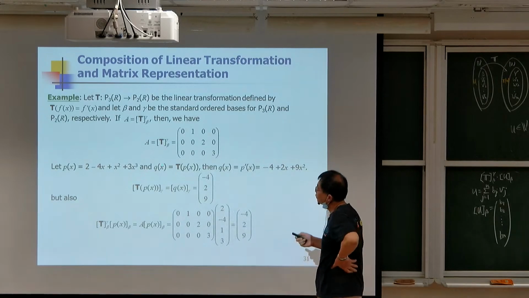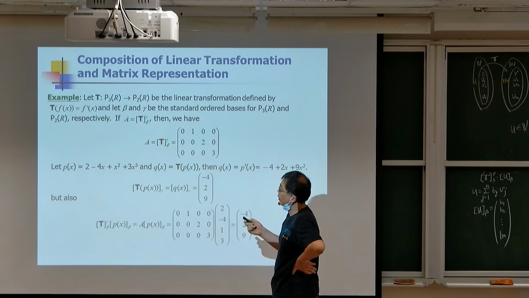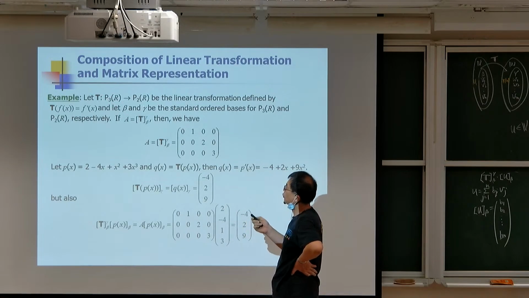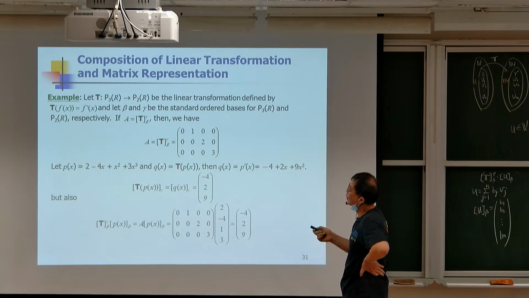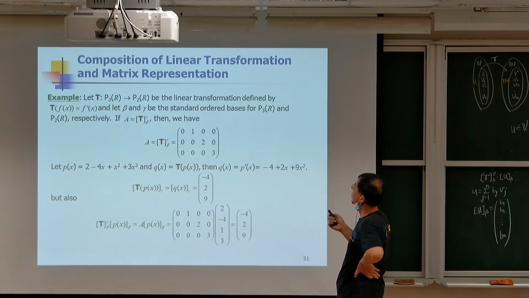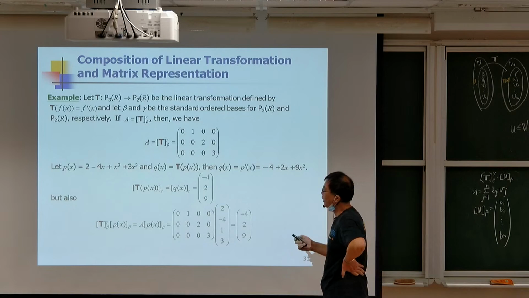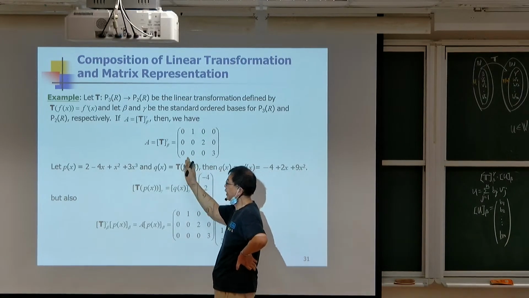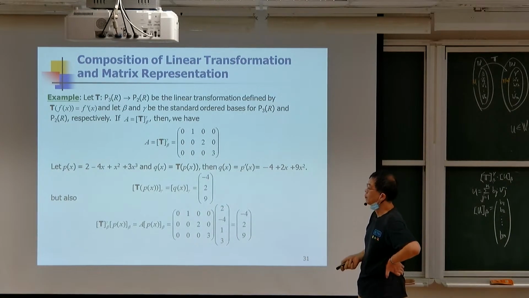Here we have T from degree 3 polynomials to degree 2 polynomials. It is a linear transformation defined by taking the derivative of the vectors in the degree 3 polynomial space. Let beta and gamma be the standard ordered bases of P3 and P2 respectively. We have already gotten the matrix representation of this T as a 3×4 matrix.